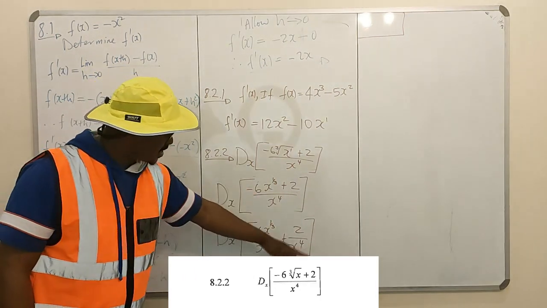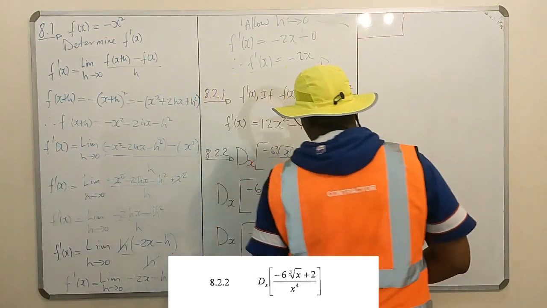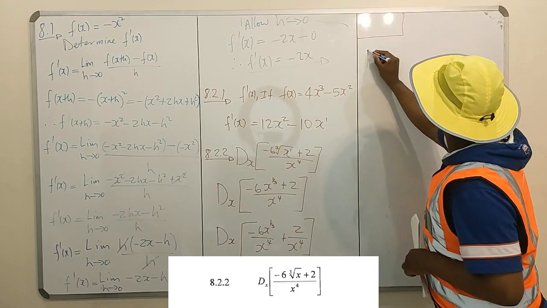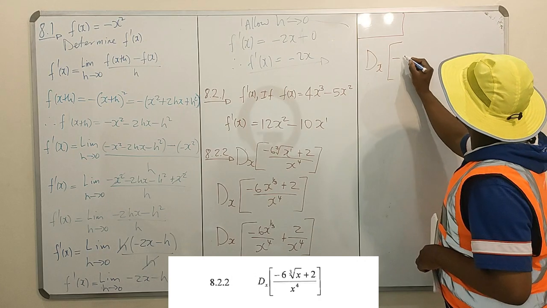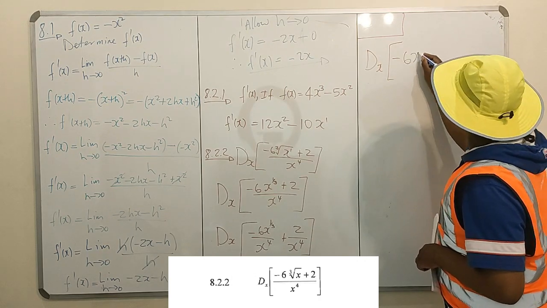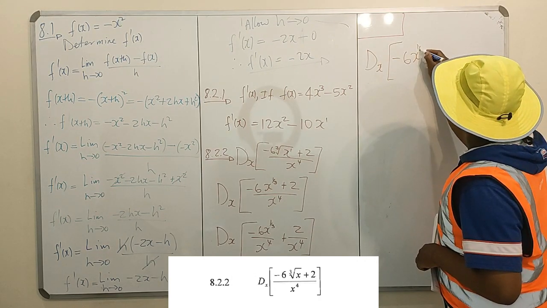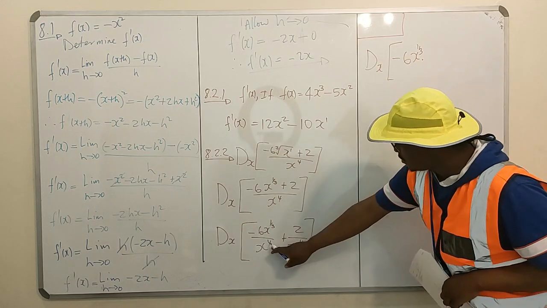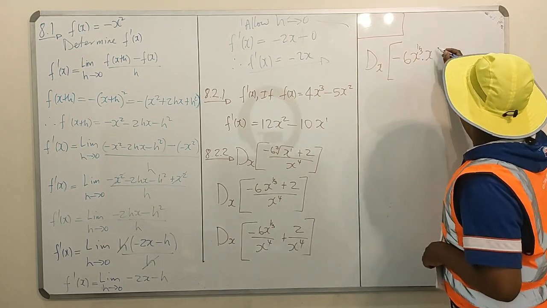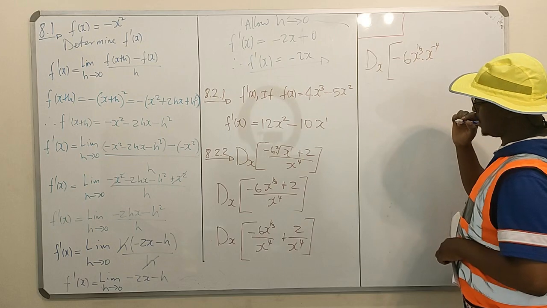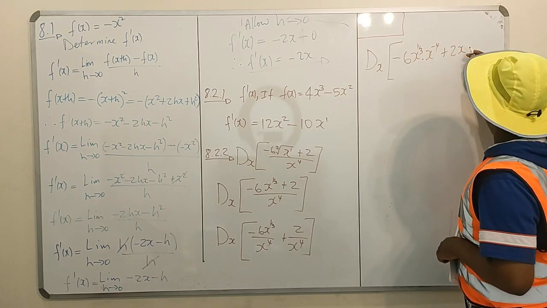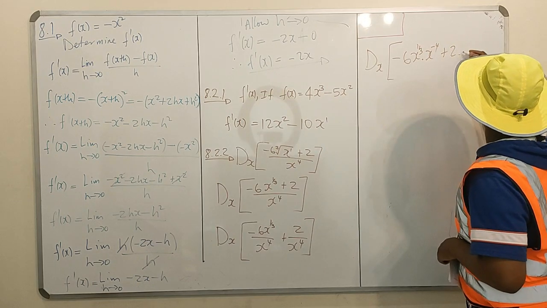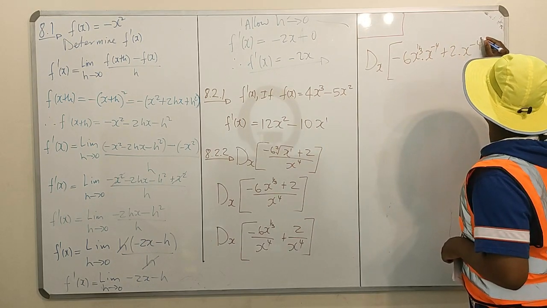Must take it up there. So what do we have? My derivative with respect to x of what? Minus 6 x to the power 1 over 3 times x raised negative 4, right? Plus 2 times x raised negative 4.